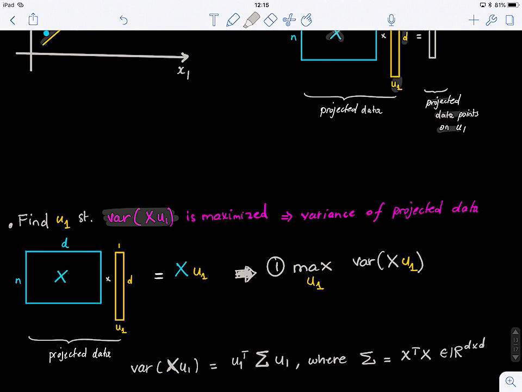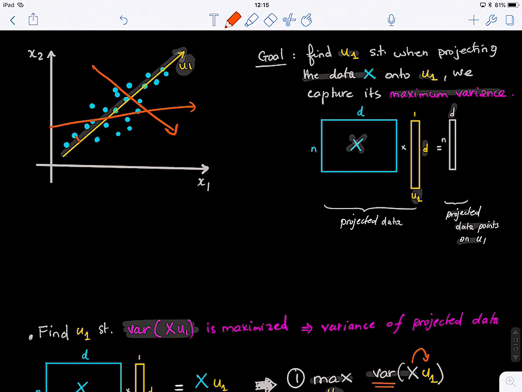What we want to do is find the u1 vector, the first component, the direction along which, if we project the data onto u1, we will maximize its variance, okay? So this is the u1 vector that achieves the maximum variance of the projected data, which means we want the maximum variance of this guy, okay? Okay, cool.